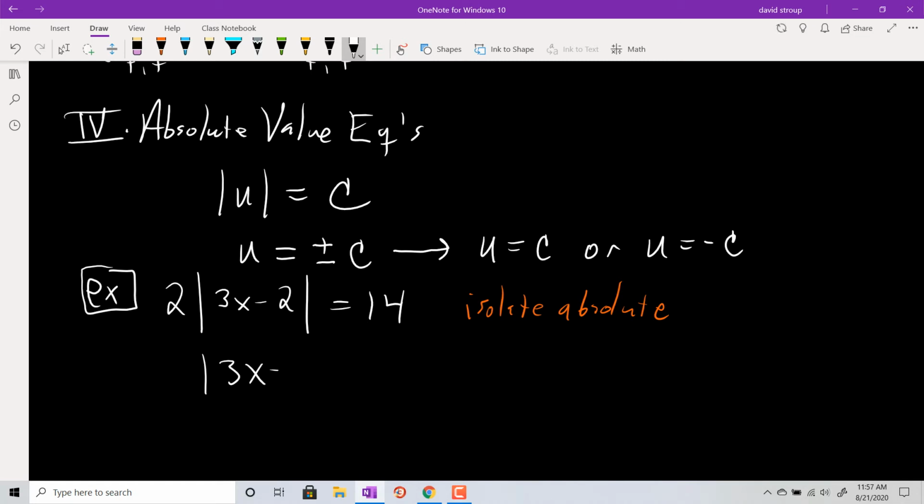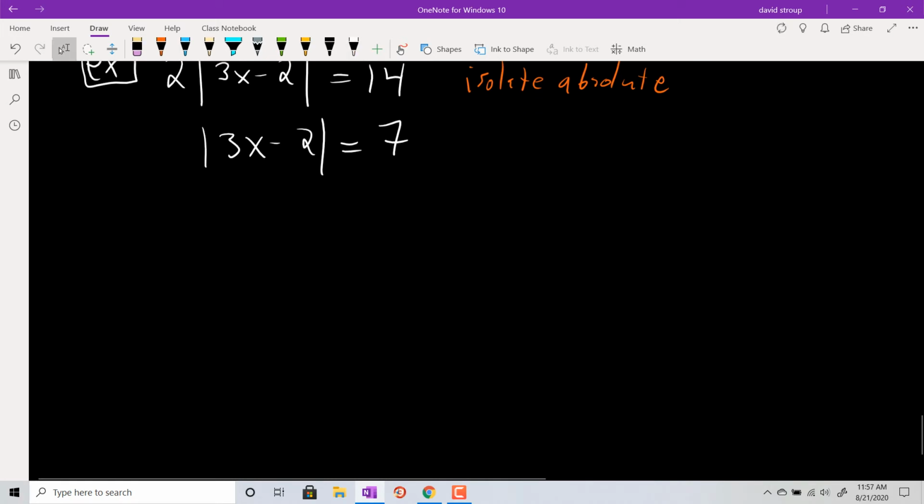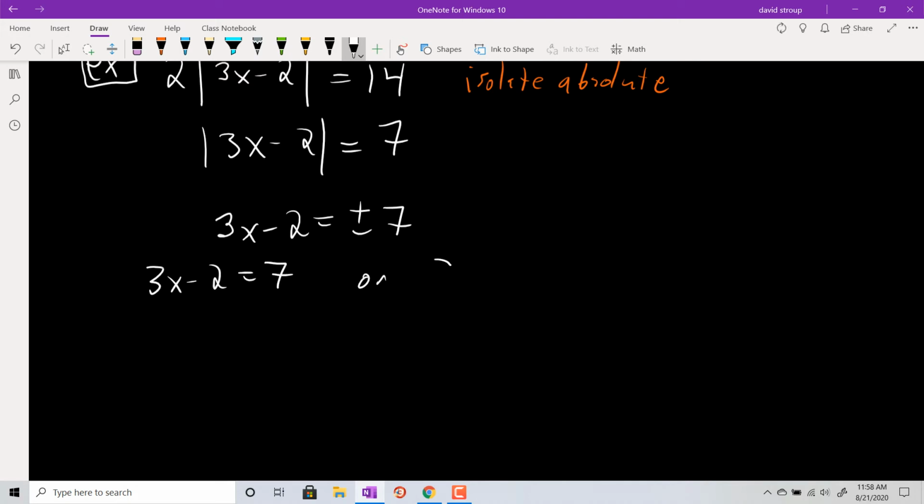So we have 3x minus 2 equals 7. Then I have it isolated, so I can drop the absolute values, and I'll have plus or minus 7 over here. And literally, that means 3x minus 2 equals positive 7, or 3x minus 2 equals negative 7. Okay.